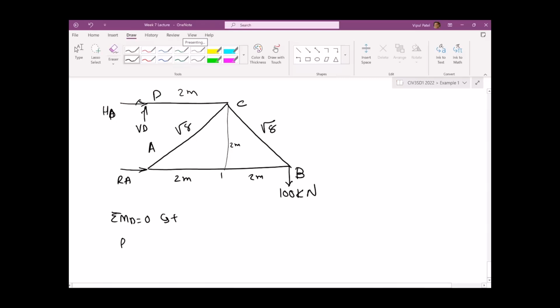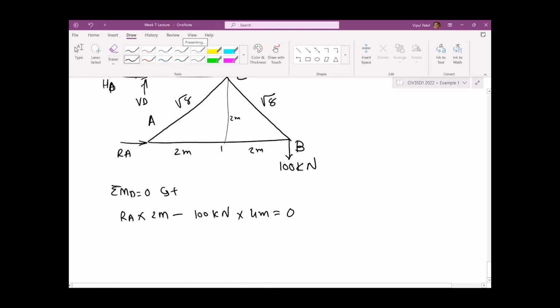Then RA times 2 meters minus 100 kilonewtons times 4 meters equal to 0. So RA equals 400 kilonewton meters divided by 2 meters, you get 200 kilonewtons.